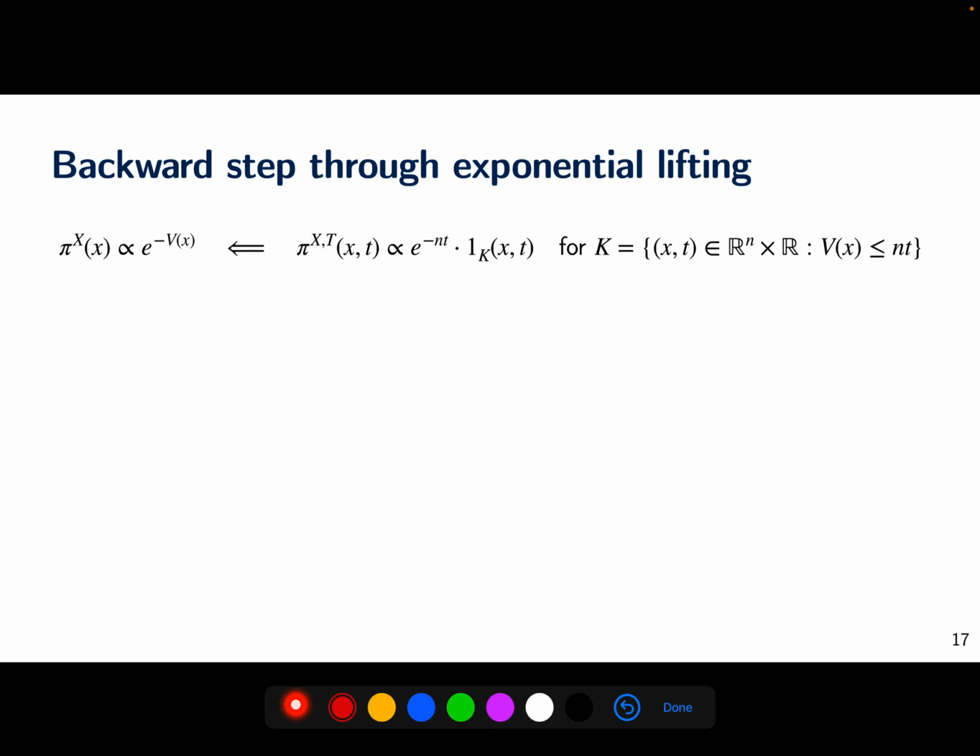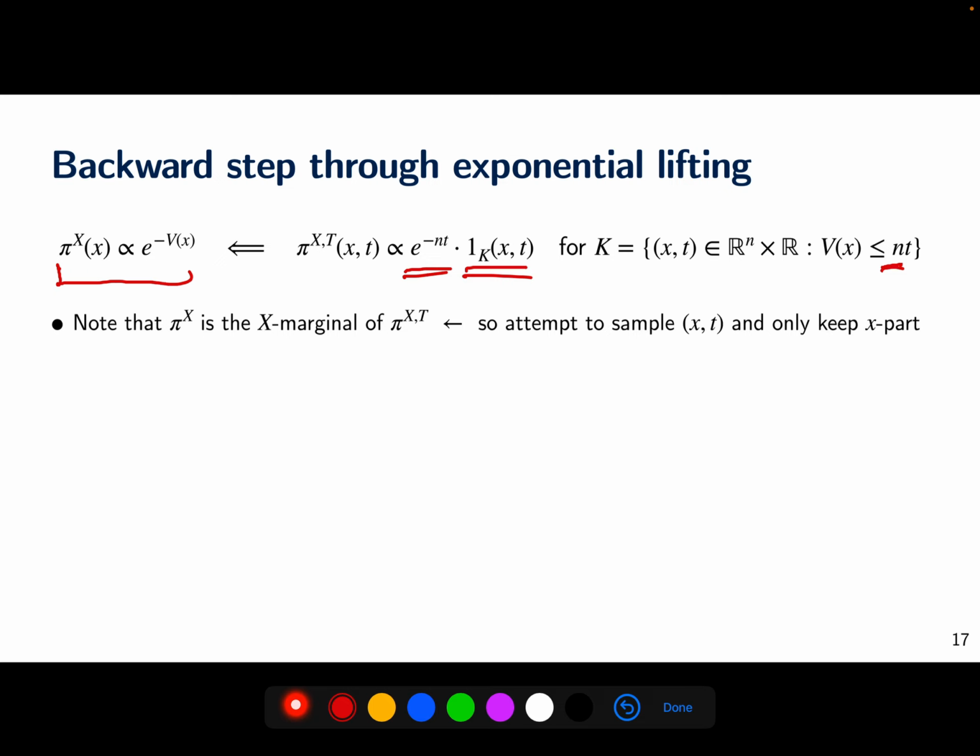So instead of directly sampling from this e to the minus v distribution, you basically do the same thing. You just replace v by some n t, with some coefficient here for technical reasons. And now you work with an exponential distribution like this, but truncated to some convex set.